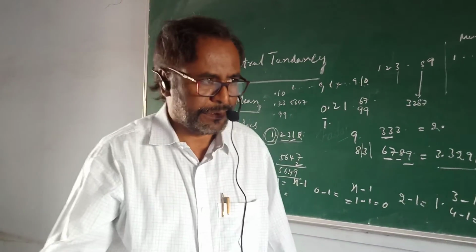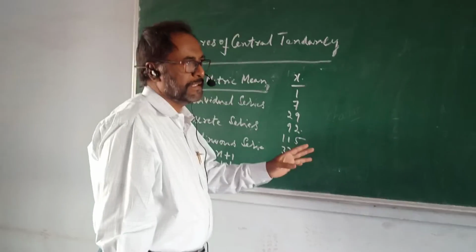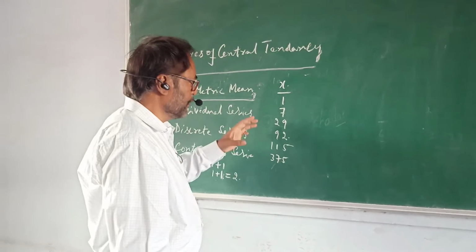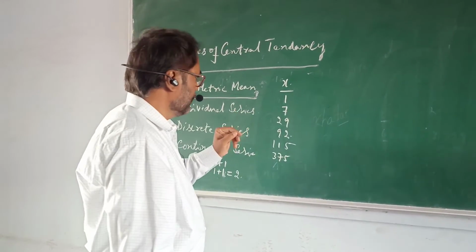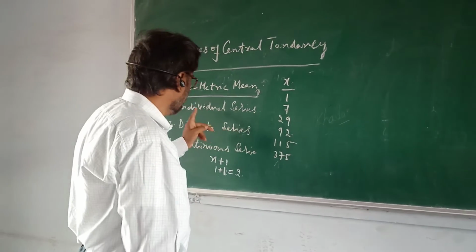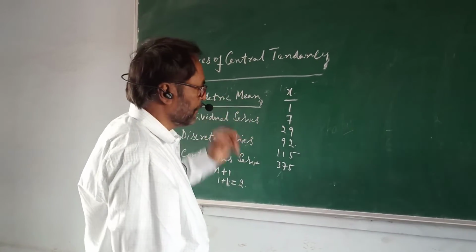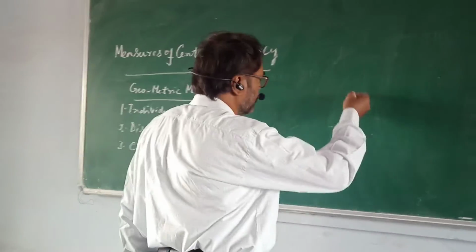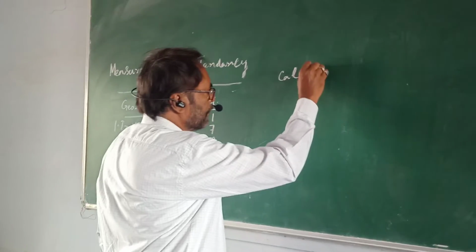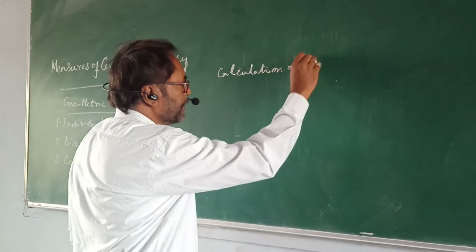Now we will start. This is the problem they have given you to find the geometric mean. So how are we going to find the geometric mean? These are the individual series they have given you. First you have to write calculation of geometric mean.